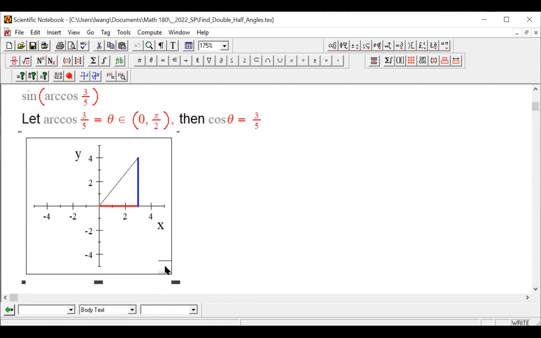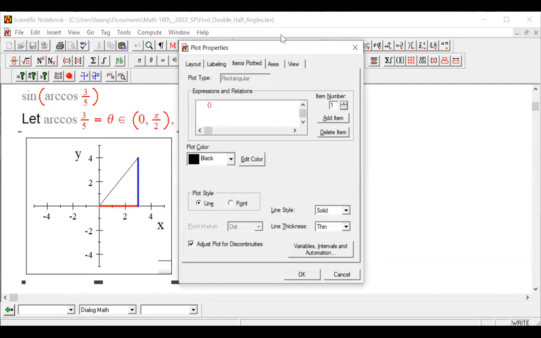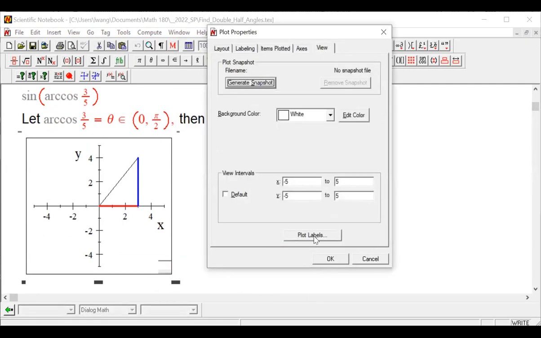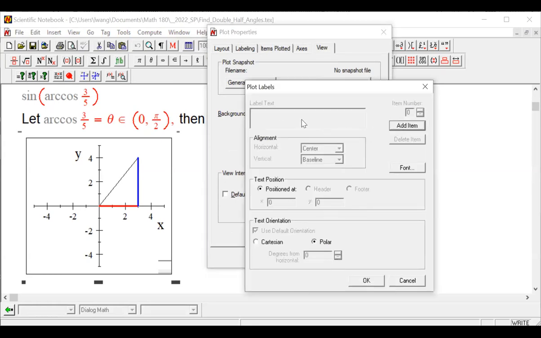Then you draw the picture and you mark some numbers on the picture to demonstrate that you understand what you're doing. For example, we know this is 3. 3 is red.